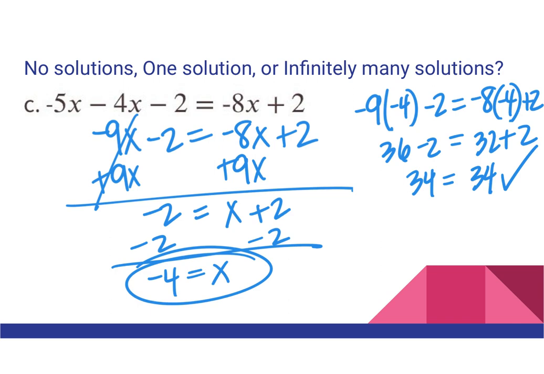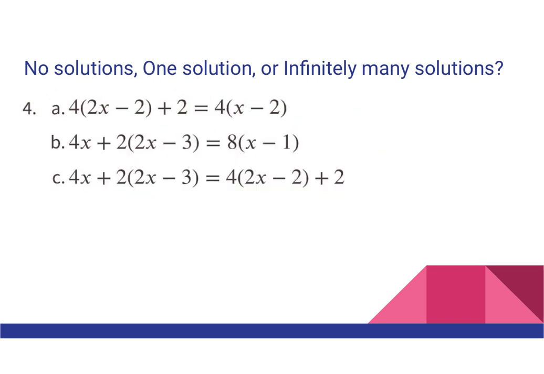Let's look at the next one. So another set of equations. So you already know how I'm going to start. I want to simplify. I want to see exactly what I'm working with. So I'm going to go ahead and distribute. So I have 8x minus 8 plus 2 is equal to 4x minus 8.